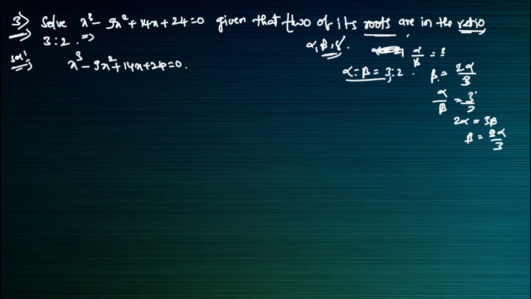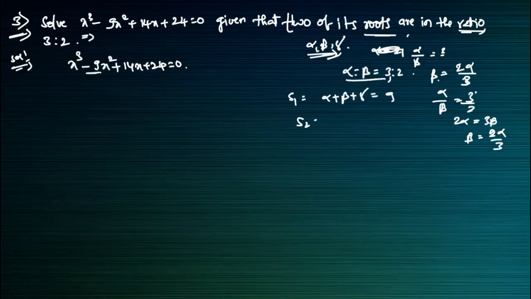Another thing here, the sum of the roots is alpha plus beta plus gamma is equal to minus b by a, so minus of minus 9 means plus 9, so 9 we will get. This is s1.